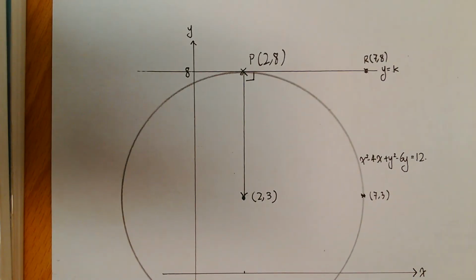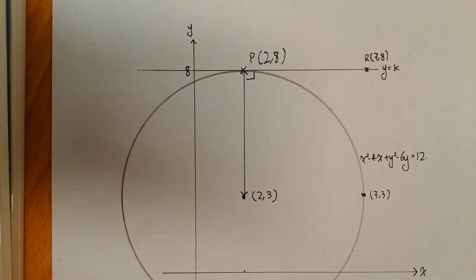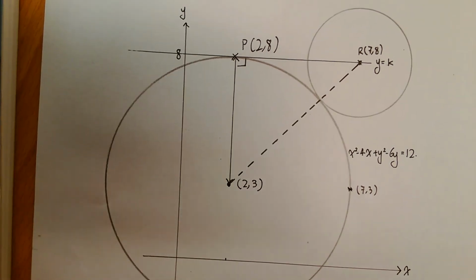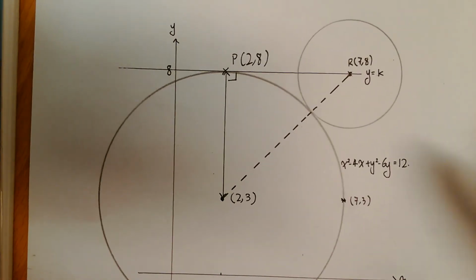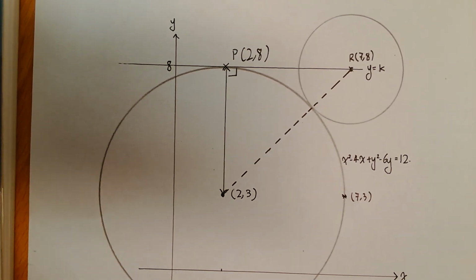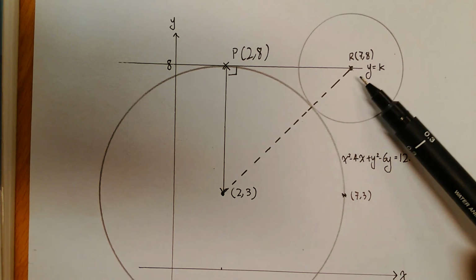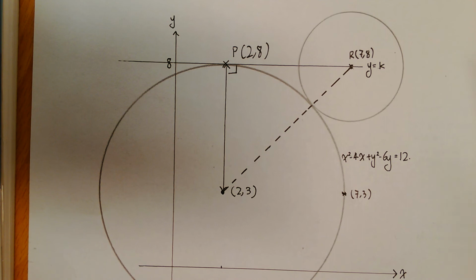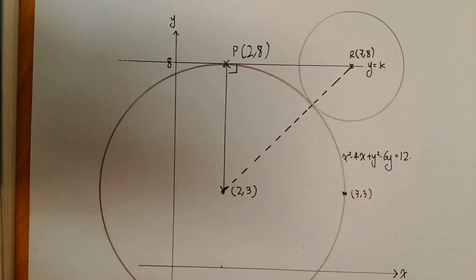Okay, and now I will draw a circle for you over here. Like those magical cooking shows, ta-da! The circle is drawn over here. (7, 8). The next thing that I need to do is to find the radius of this new circle, C2. How do I find it?